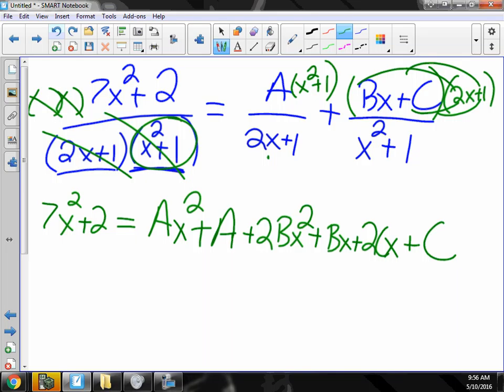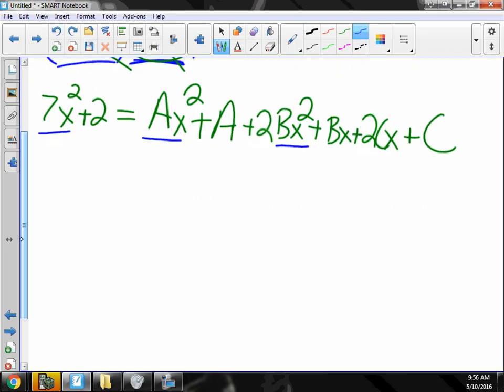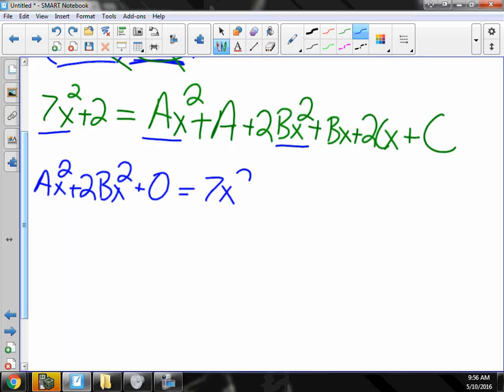So if I go through all the x squared terms, there's an x squared, there's an x squared, there's an x squared, and there is no C. So Ax squared plus 2Bx squared plus no C's is equal to 7x squared.